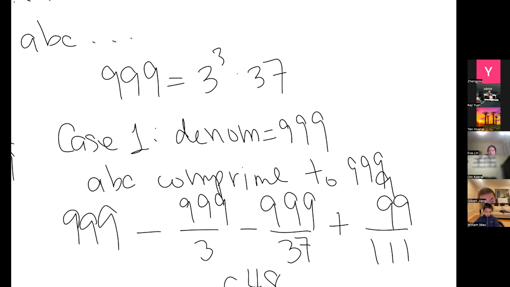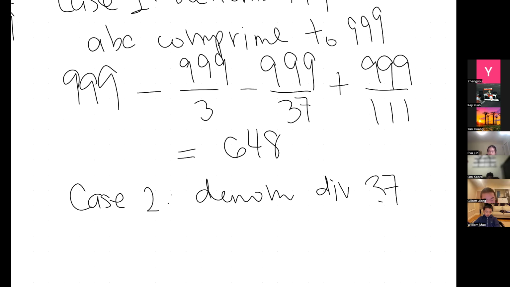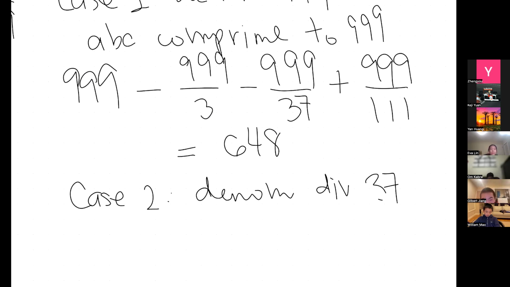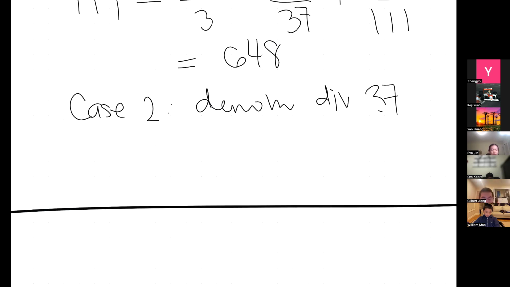And since we've considered all the numbers that are co-prime to 999, any new numerators that you're going to get are going to be numbers that are not co-prime to 999. So we can instead say that the numerator is co-prime to 37, but not to 3.